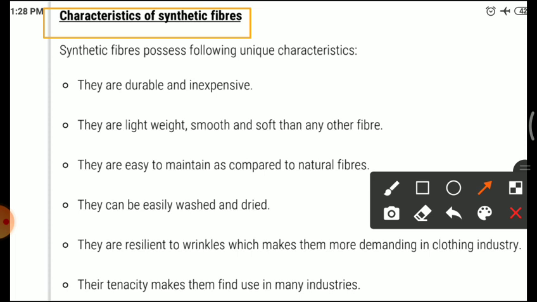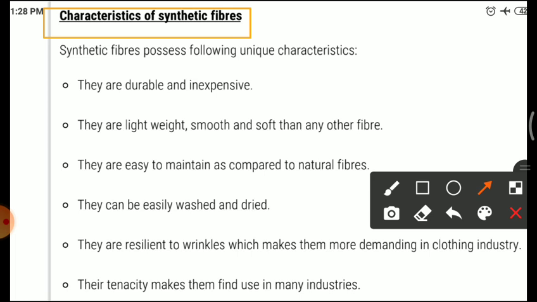Imagine that it is a rainy day. What kind of umbrella would you use and why? Synthetic fibers possess unique characteristics which make them popular dress materials. They dry up quickly, are durable, less expensive, readily available and easy to maintain.